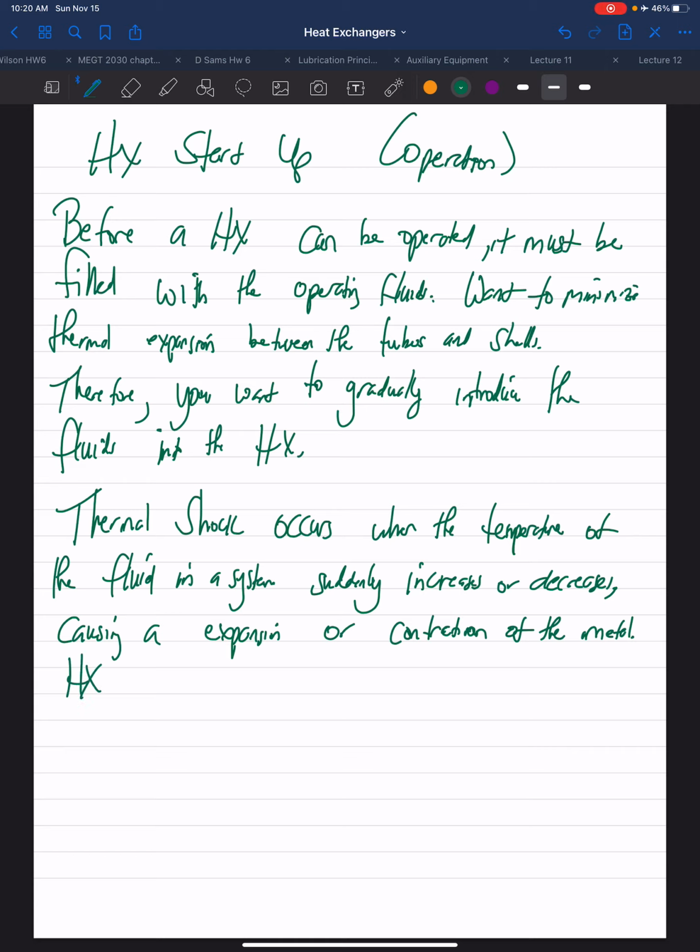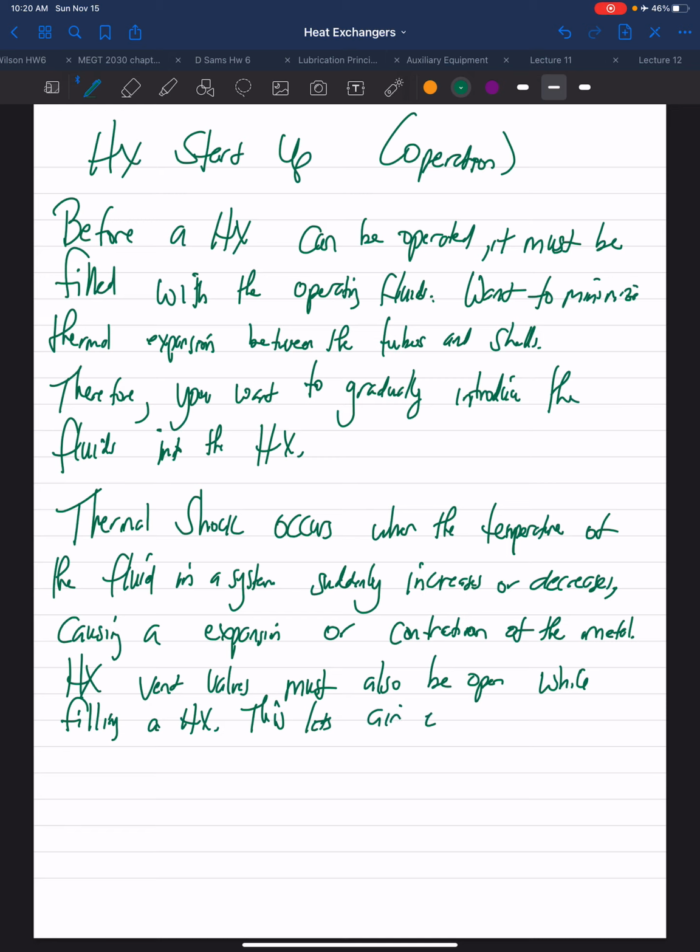Heat exchanger vent valves must also be open while filling a heat exchanger. This lets air escape.